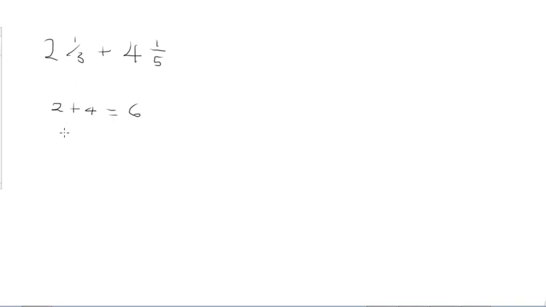Then we come to the fraction part. The fractions are 1 over 3, and this is added to 1 over 5, right? So how do we work with this? Different denominators.